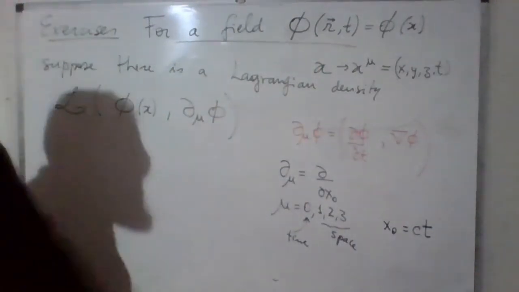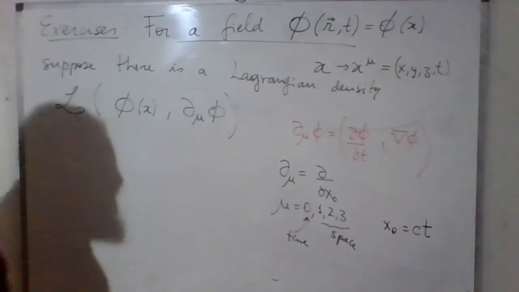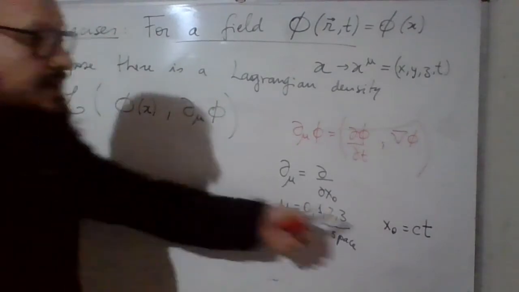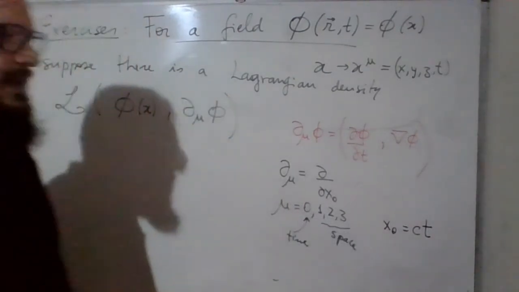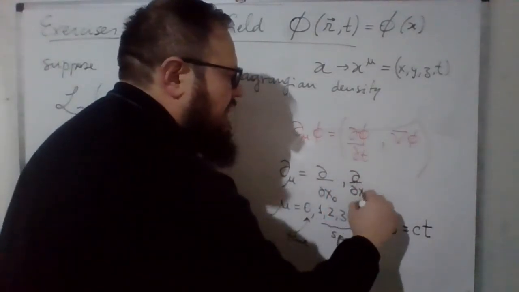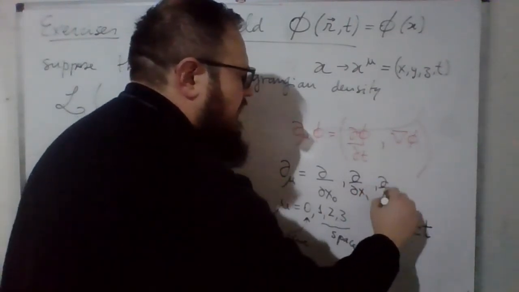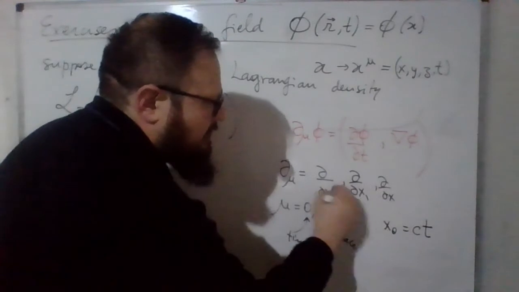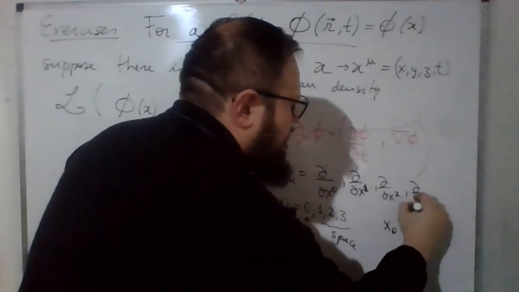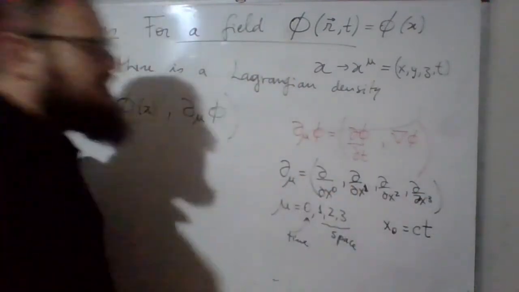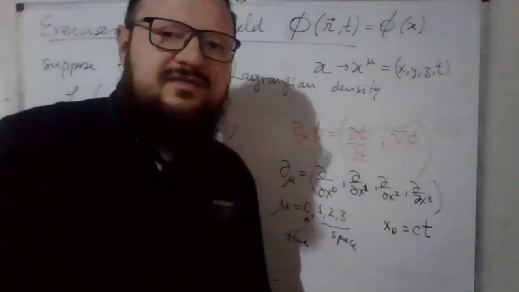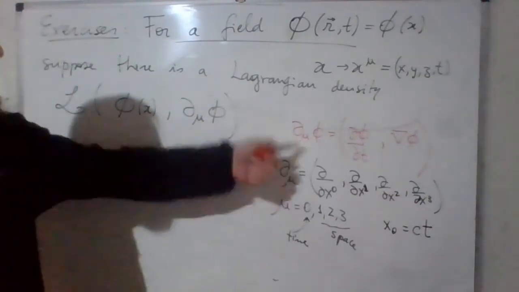All right, so you need to insert 1 over c here if you are using SI units, but usually you set c equal to 1 in natural units. And you have d/dx1, d/dx, sorry, upper indexes, x1, x2, and x3, right? This corresponds to the 4 vector representing the 4 divergence or 4 gradient or so on.